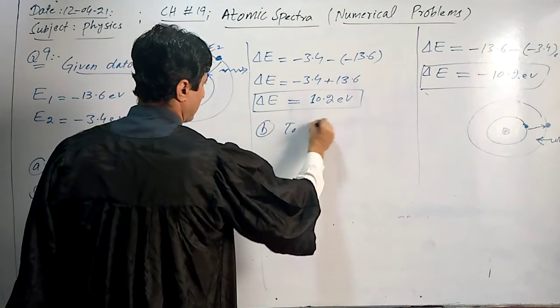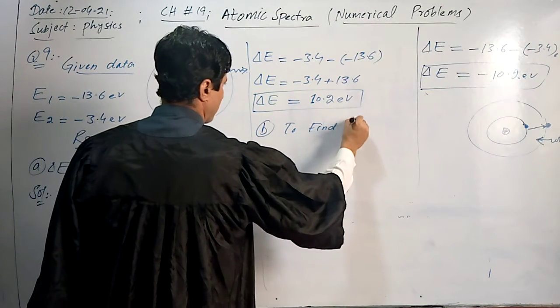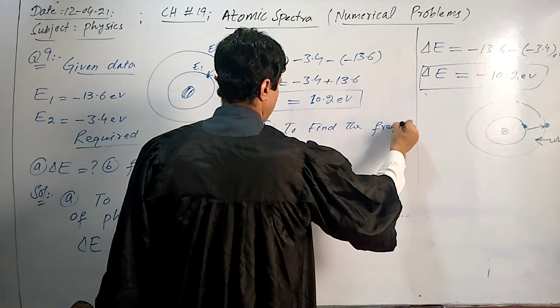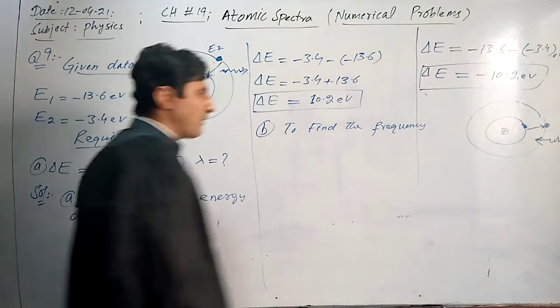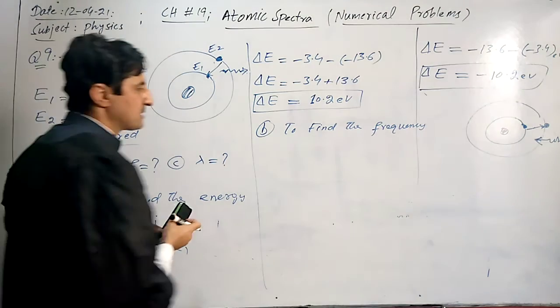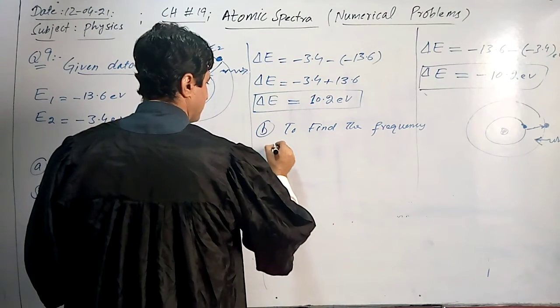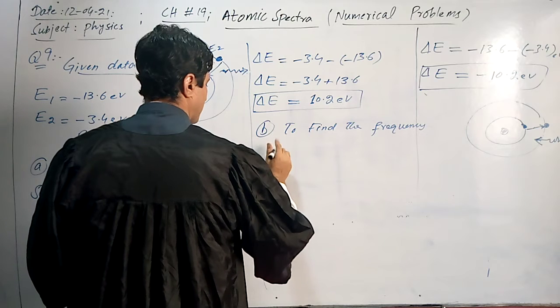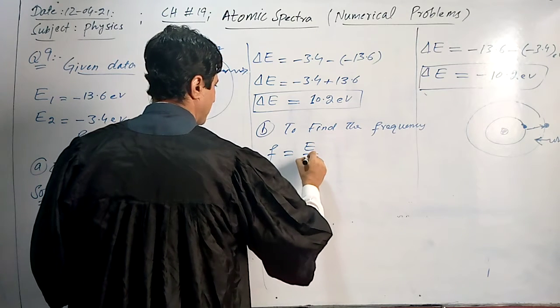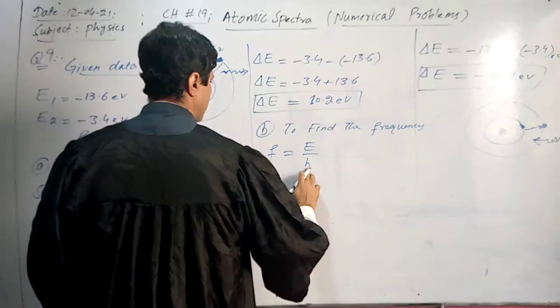Now to find the frequency, we have another formula, F equal to E divided by H, where H is Planck's constant. F equal to E divided by H, or E equal to HF.